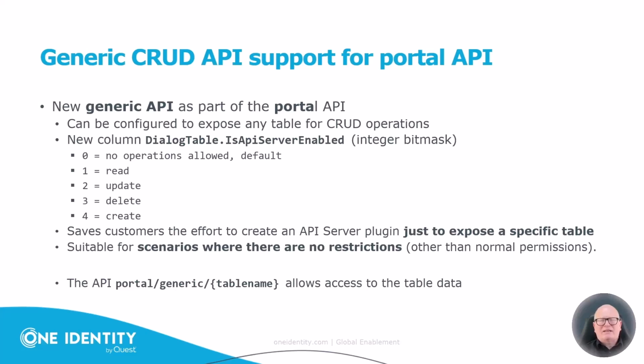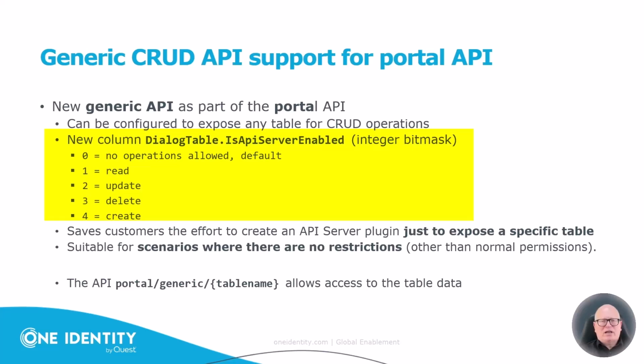an automatic endpoint creator. If you would like to enable that very specific feature for a custom data structure, then on the custom data table in the DialogTable in the Identity Manager, you will set a flag, IsAPIServerEnabled. This is a bit mask flag, and you can easily see how it works. You can disable that behavior. That means that custom data structure will not be available in the API server with 0.